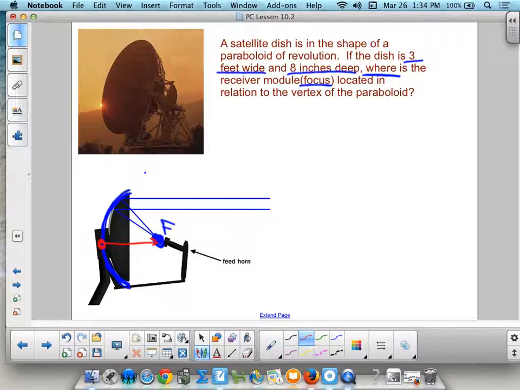Now, here's the deal. You have to take the XY axis and plop it on here somewhere. Put it here, here, here. But where would be the best place to put the XY axis?